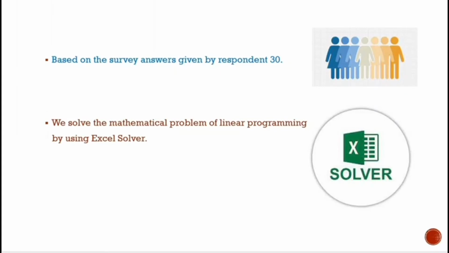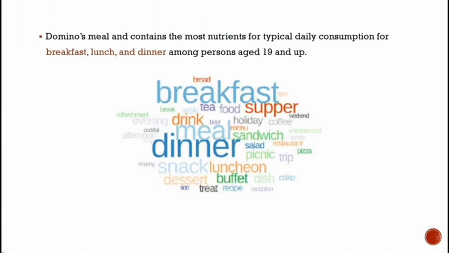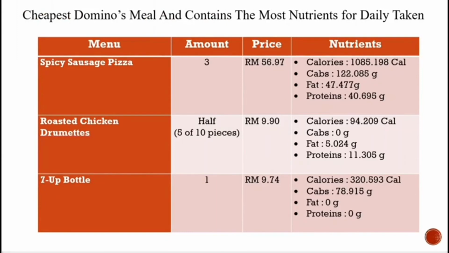Based on the survey answers given by respondent 30, we solved the mathematical problem of linear programming by using the Excel solver. Next is the Dominos meal that contains the most nutrients for typical daily consumption for breakfast, lunch and dinner among persons aged 19 and up.